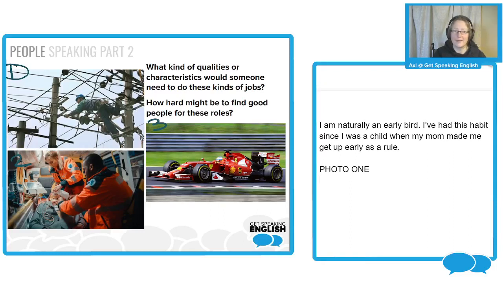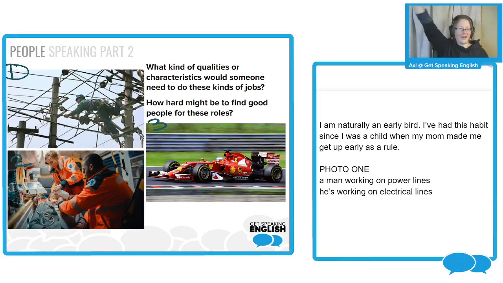Obviously there's a man working on maybe power lines. It looks like he's dealing with electricity, working on electrical lines.